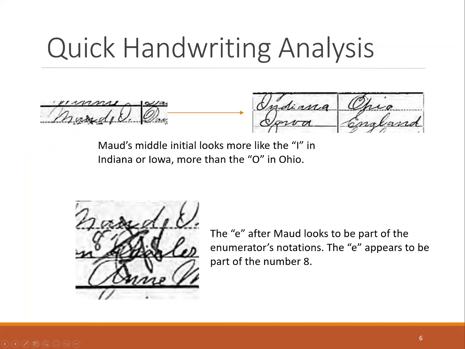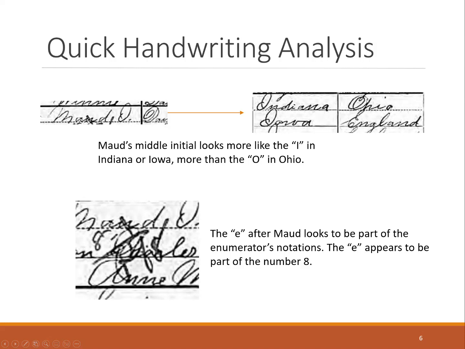You look around the page and look at Indiana and Iowa, but also Ohio, an O leading, capital O. You have lots of examples here on the page. Mod, this middle initial, is actually closer to an I, and in no way looks like one of the O's that this enumerator writes.